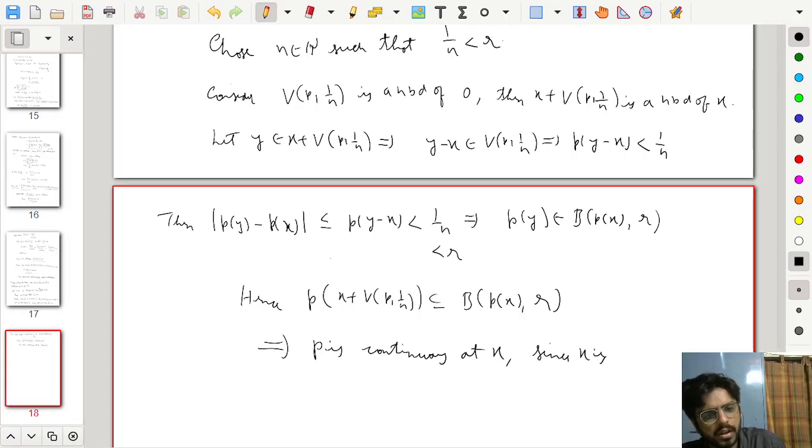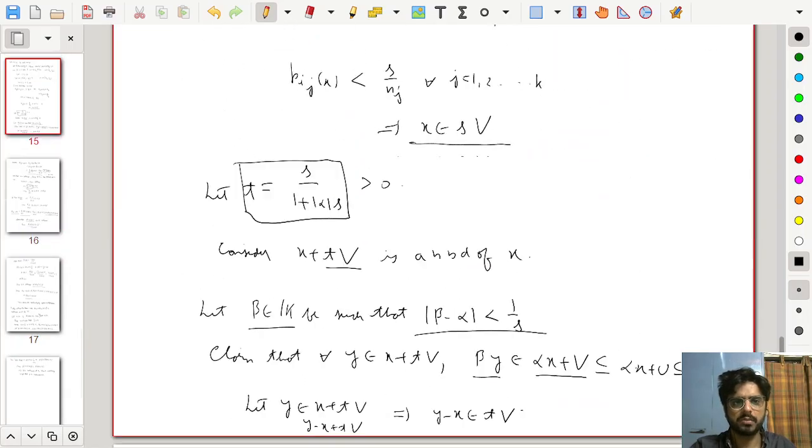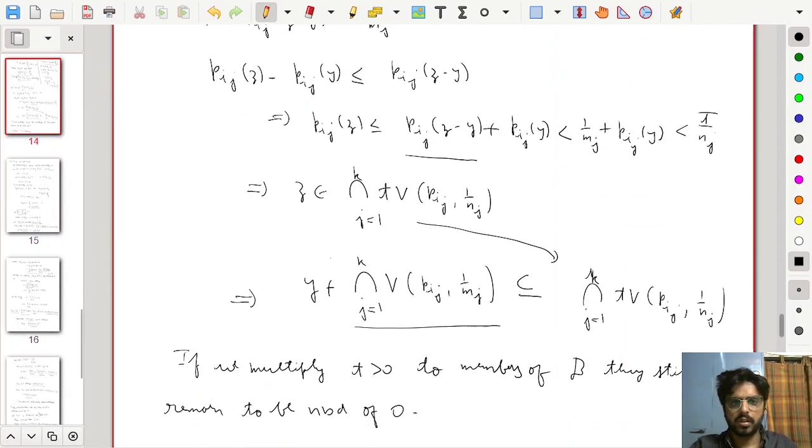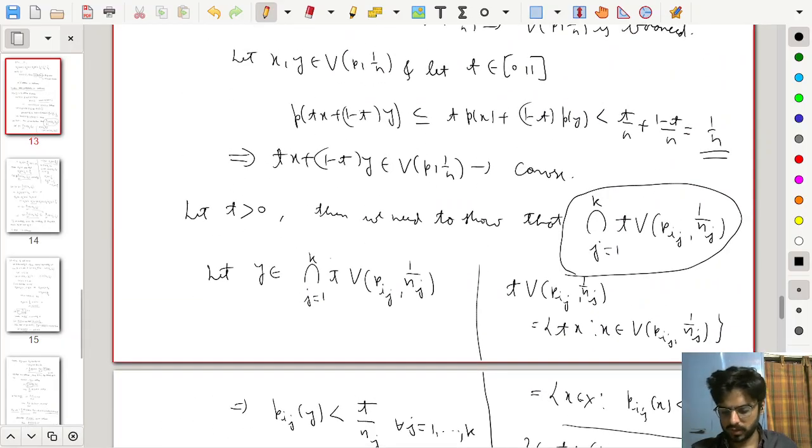Since x is arbitrary, we get that p is continuous on X. So this completes the proof. It's a lengthy proof, it's a bit involved, and I hope you'll go through the proof again to understand some intricacies. So thank you.